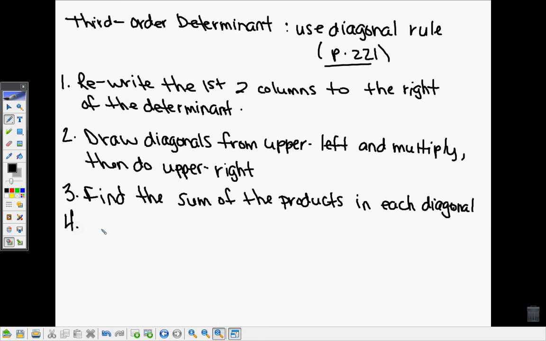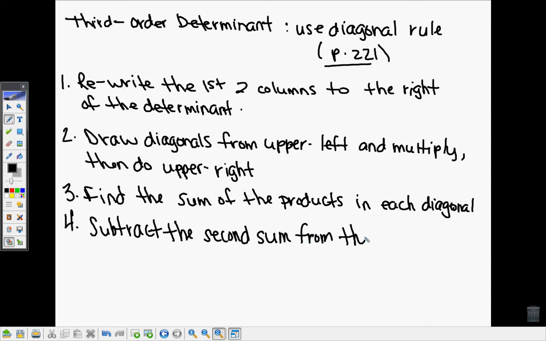Step 4, subtract the second sum from the first sum. So again, I know that doesn't make sense yet. Just write it down for now.